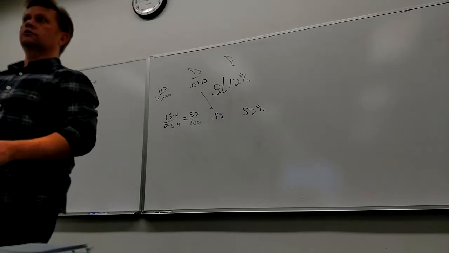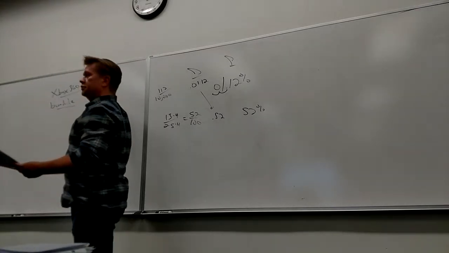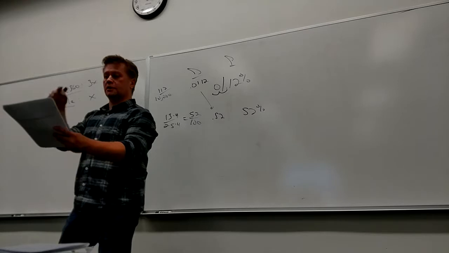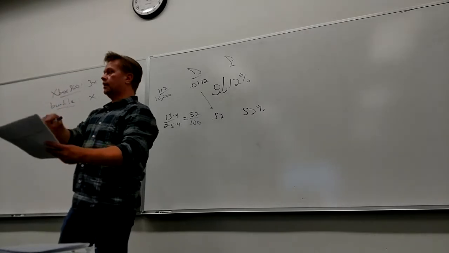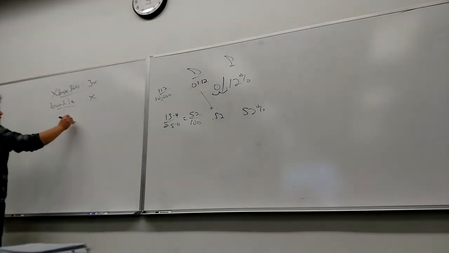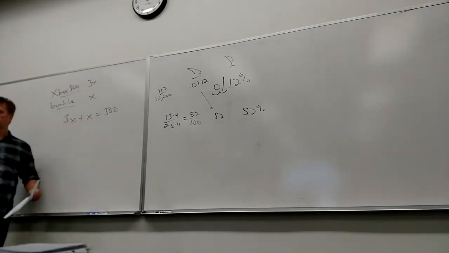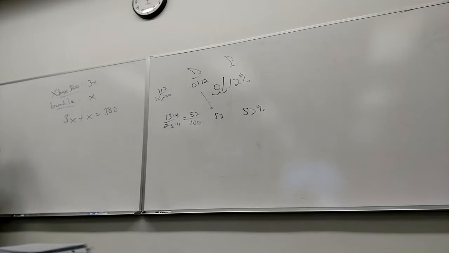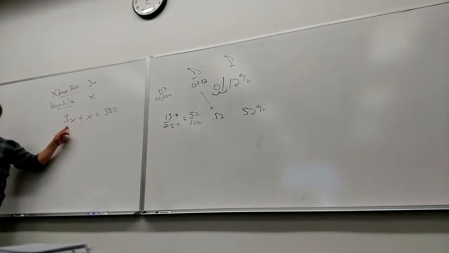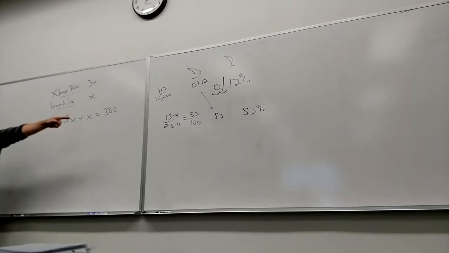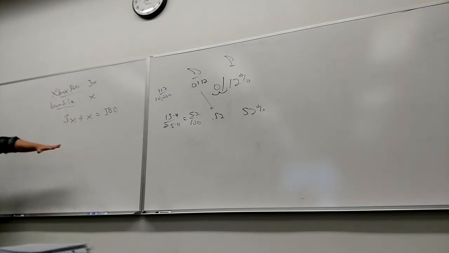So if you add them, it's supposed to become 380. If you take the Xbox plus the games, it's got to be that $380. So together, they're $380. Now, can you solve that for X?